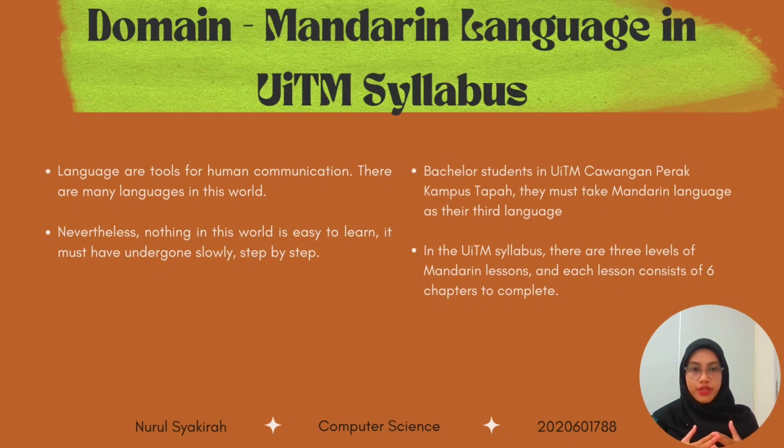The first lesson on Mandarin will teach students basic language about Mandarin, like numbers, tones, vocabulary, grammar, pronunciation of words, and others. For this project, we'll only focus on the syllabus in Mandarin 1, as Mandarin 1 is the basics for every student that takes Mandarin as their third language.